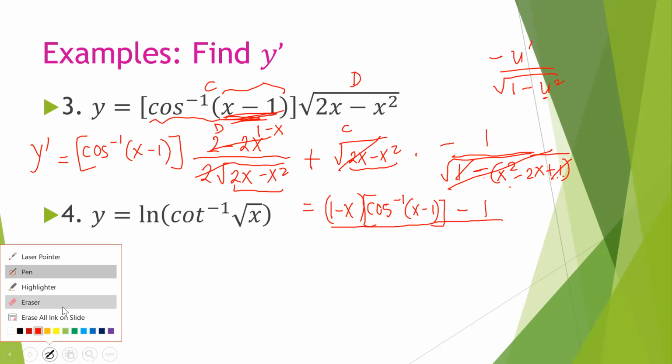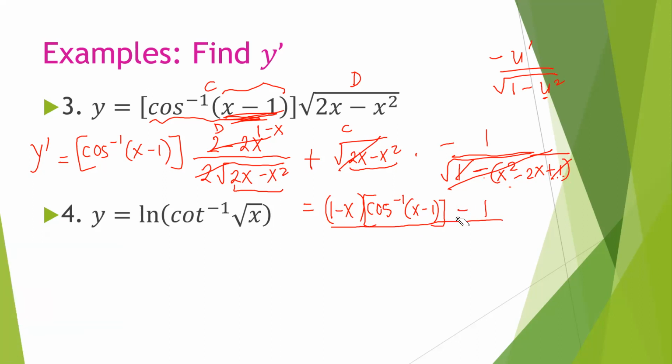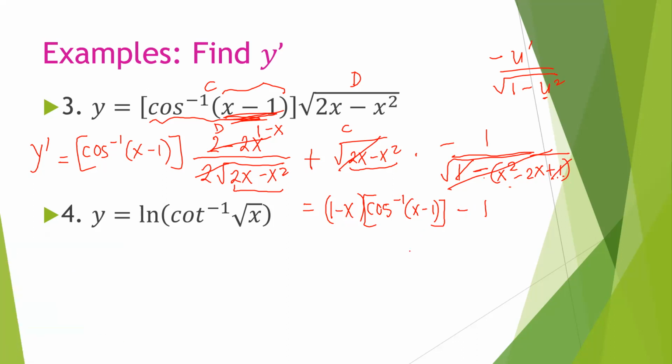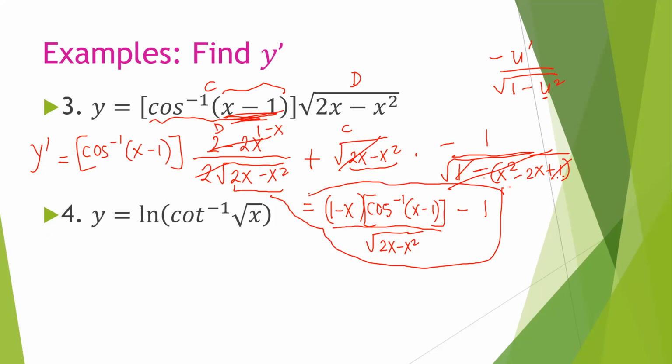Ay, yung first term lang natin, we forgot the numerator at the denominator of the first product natin. Okay, so meron siya denominator pa pala na square root of 2x minus x squared. Okay. Tapos sa second term naman natin, minus 1 na lang. Okay. So that's for the derivative of the number 3.